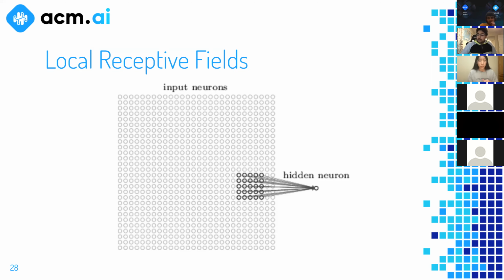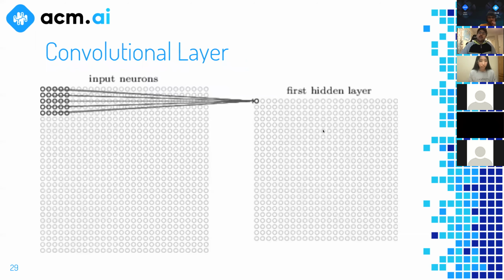And then, if we go to the next slide, this essentially is just what a convolutional layer is. As you can see in this image, the first neuron in the first hidden layer is going to be responsible for just that little box of neurons that you see over there, which is our local receptive field.